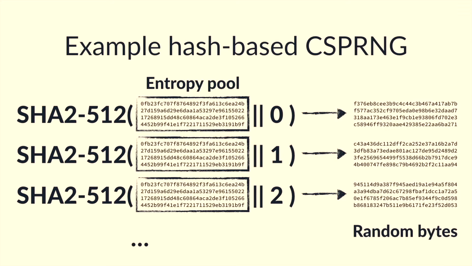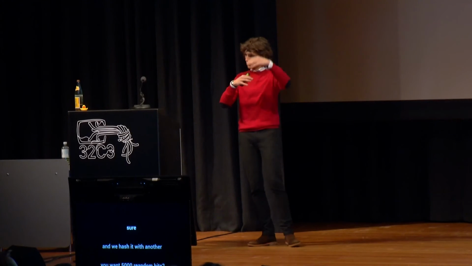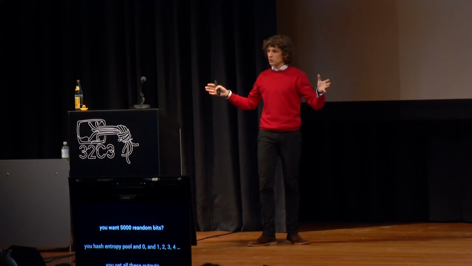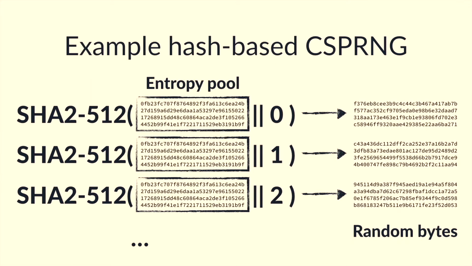You want 5,000 random bits? Sure. You hash entropy pool and 0, entropy pool and 1, and 2, 3, 4, 5, 6, 7, and so on. You get all these outputs, you concatenate them, and now you have 5,000 bits, which are as unpredictable as all the events that were steered into the pool.